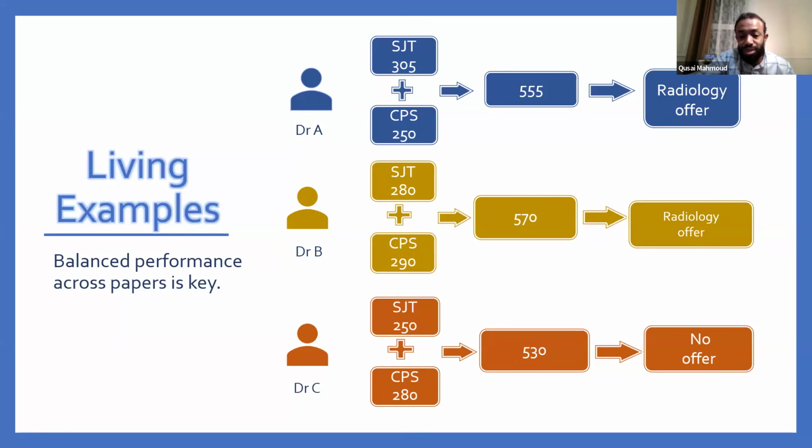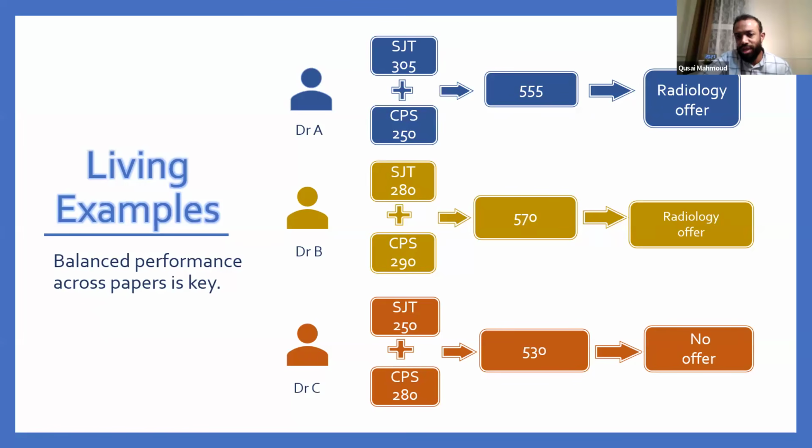Dr. C scored 215 in SJT, which is average, but 218 in clinical, which is good, but not exceptionally good. So the total score was 430 and no offer, not shortlisted for radiology. Even if you score 250 in SJT, which requires a lot of hard work, and 280 in clinical, that's not enough.